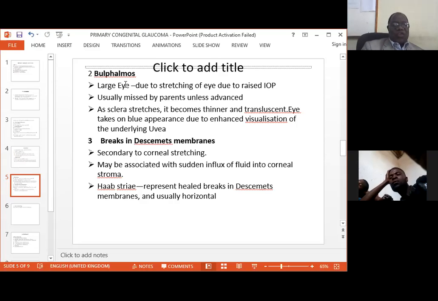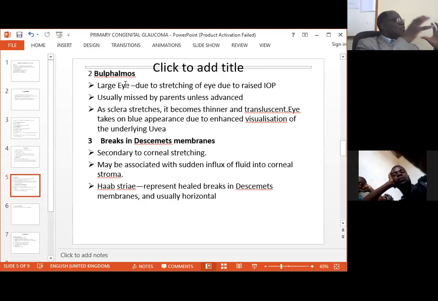As the sclera stretches, it becomes thinner and translucent. The eye takes on a blue appearance due to the enhanced visualization of the underlying uvea. Breaks in Descemet's membrane do occur secondary to corneal stretching and may be associated with sudden influx of fluid into the corneal stroma.